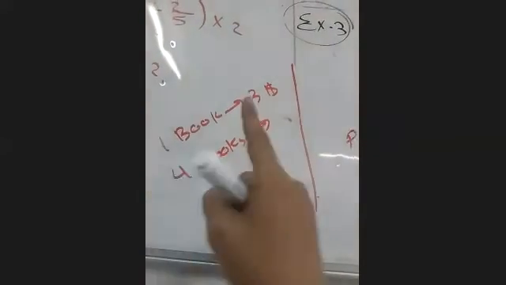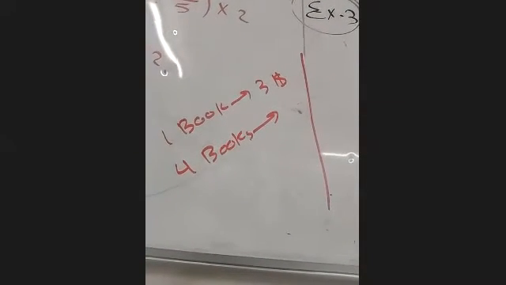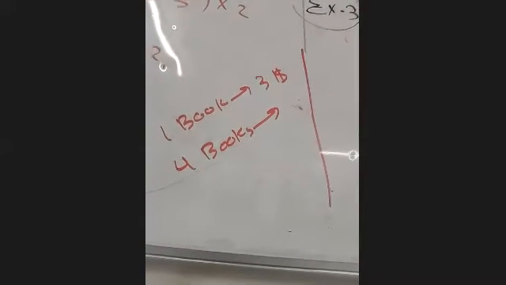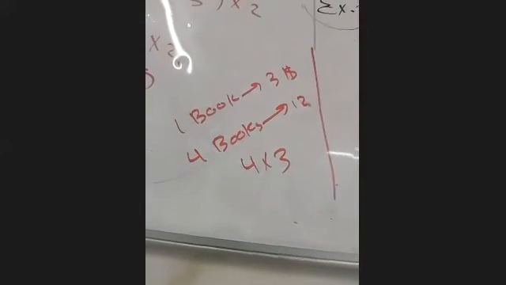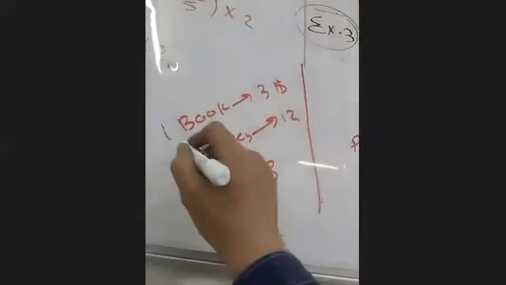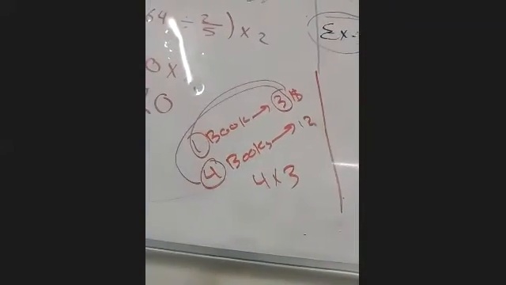If you want to buy 4 books, how much will you pay? 12. 3 times 4. How did you get 12? 4 by 3, right? So we multiply the number of the items by the cost of one item, right?